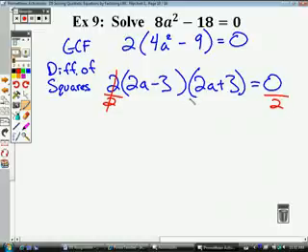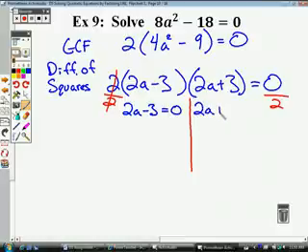Now let's split the problem in half. On the left, we've got 2a minus 3 equals 0. And on the right, we've got 2a plus 3 equals 0. What do I do now? But before I divide by 2, I got to take care of this minus 3.